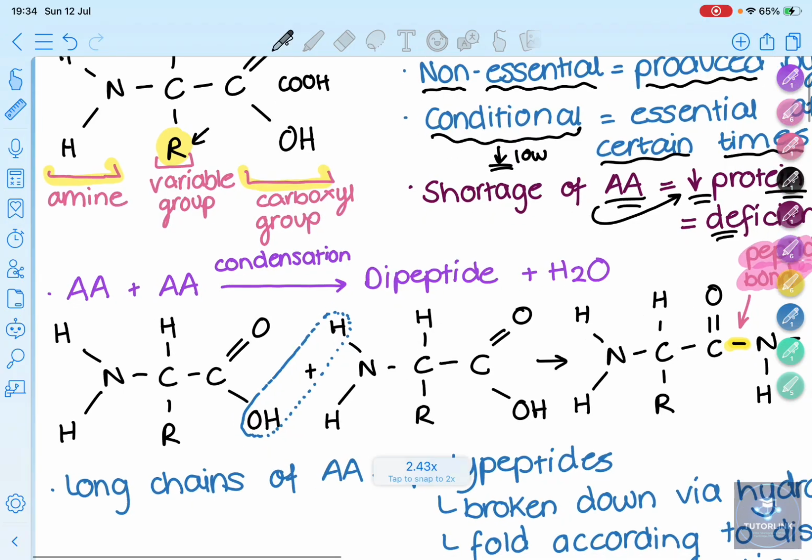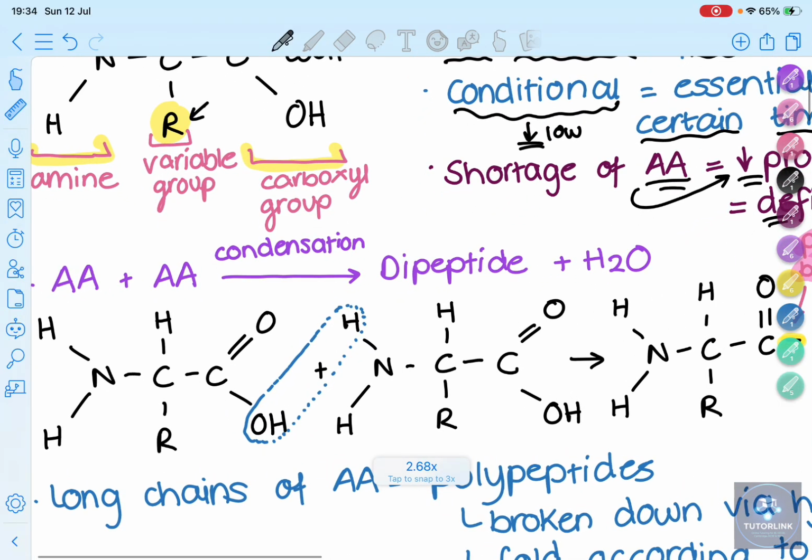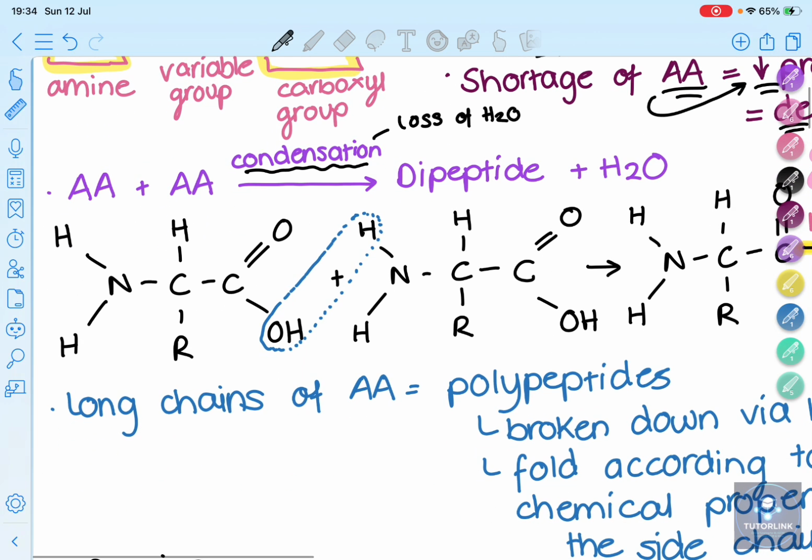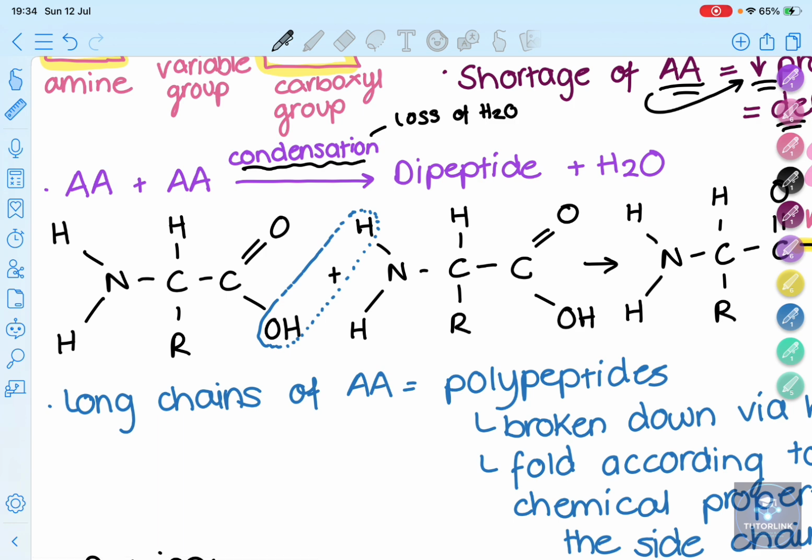Okay, now let's look at how these monomers of amino acids are actually combined together. They are combined together in a reaction called condensation. So condensation means loss of water. All right. So over here we have two amino acids that have been drawn.